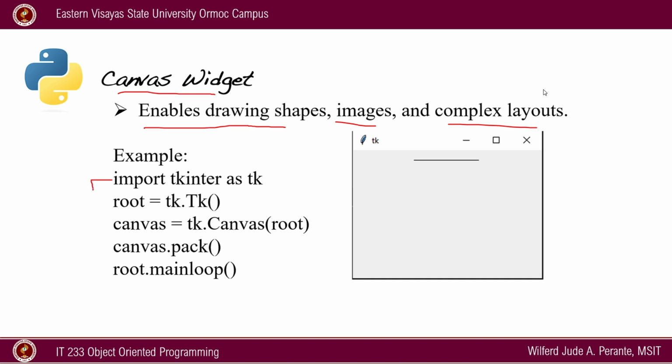So here is an example code using the canvas widget, and the output will be like this. Now let's discuss our simple code here. Again, we are importing our Tkinter library and creating the main window of our widget.